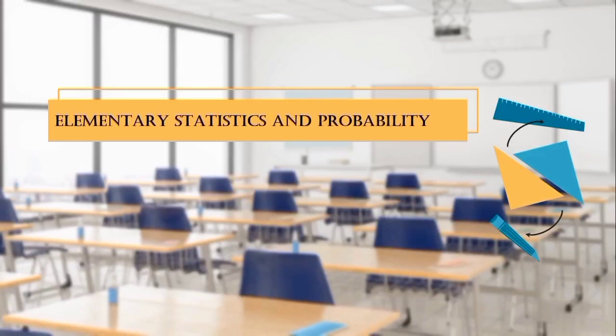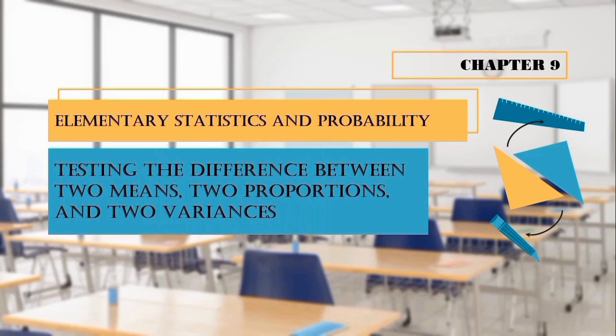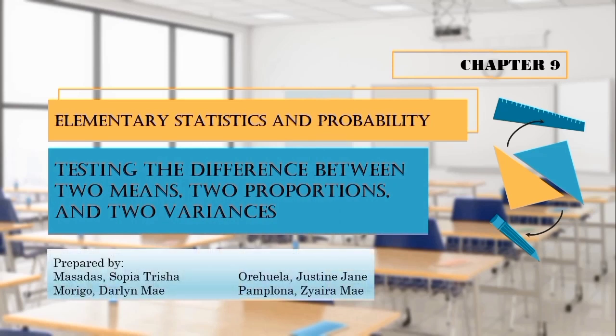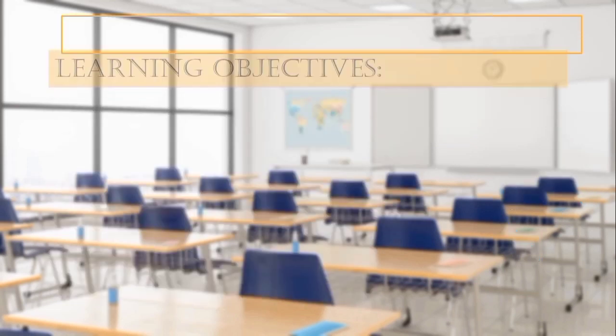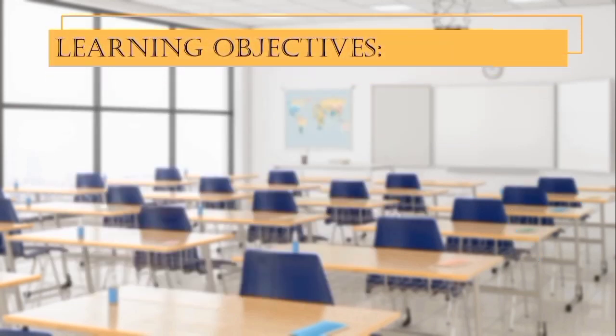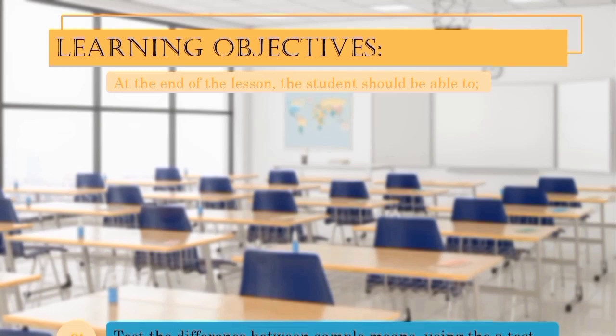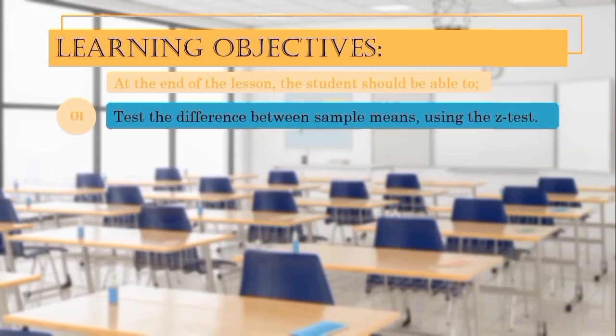So today, we are going to discuss Chapter 9, which is all about testing the difference between two means, two proportions, and two variances. And here are our learning objectives for today's discussion. At the end of the lesson, the students should be able to: first, test the difference between sample means using the z-test.